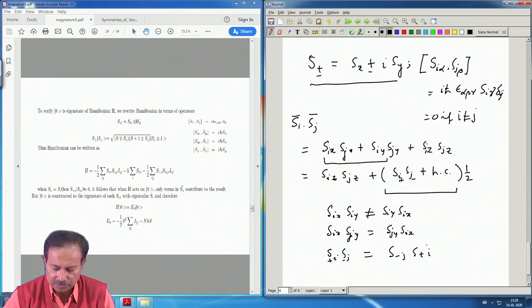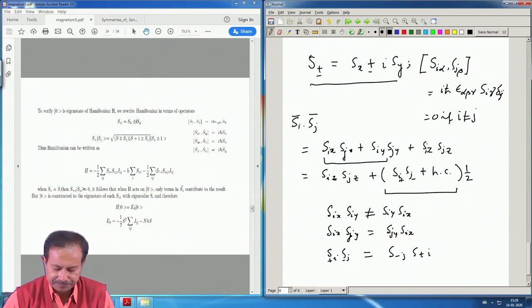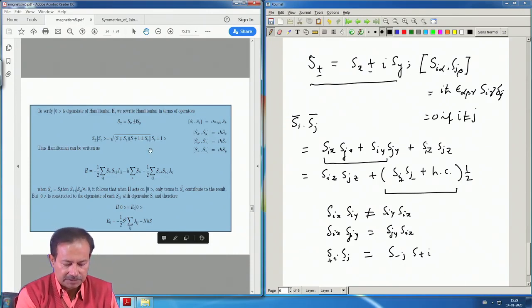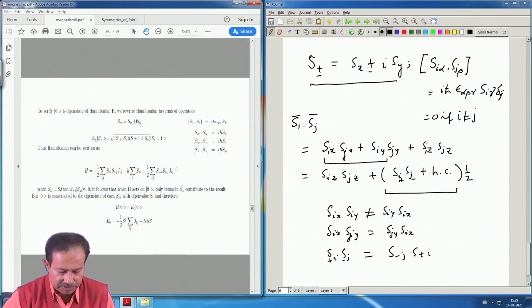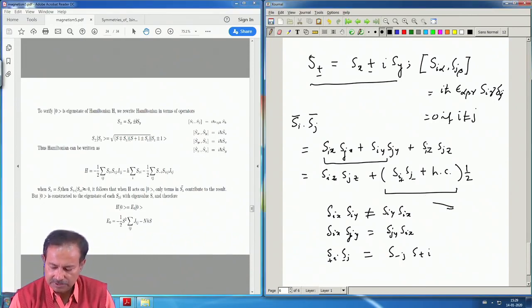So, these things commute. If you do that, then what you will end up with is a Hamiltonian of this kind. So, you can just commute, and then the idea is, why do you want to write it in this way? The main purpose is to write this term as some S_i^- S_j^+.